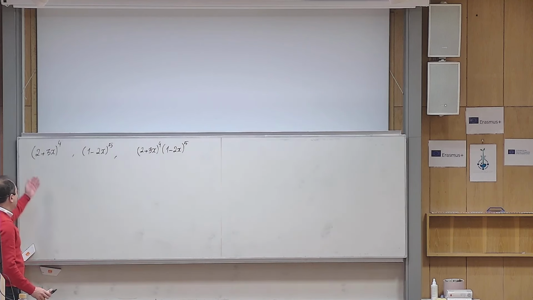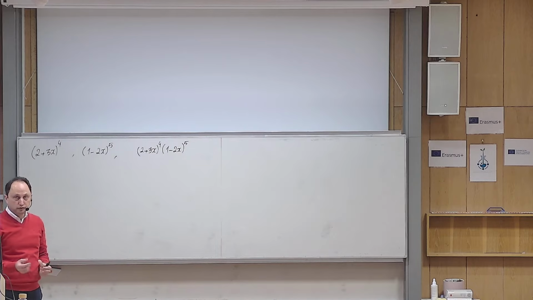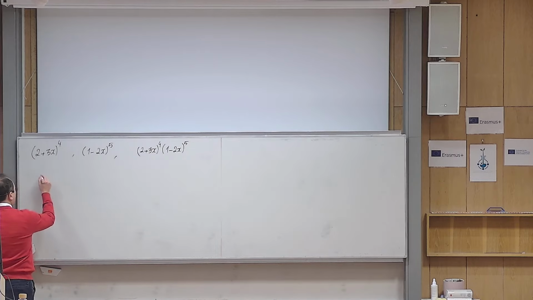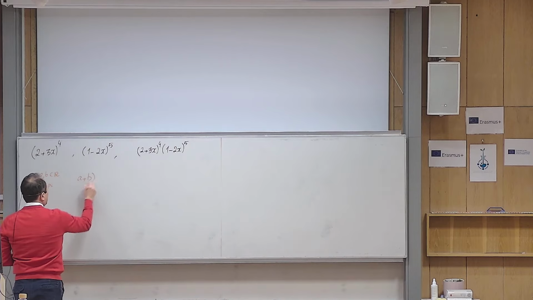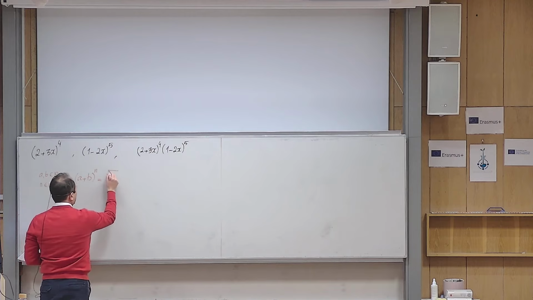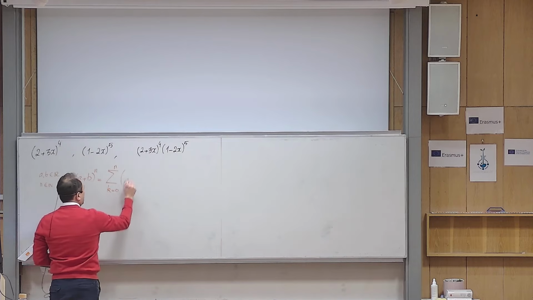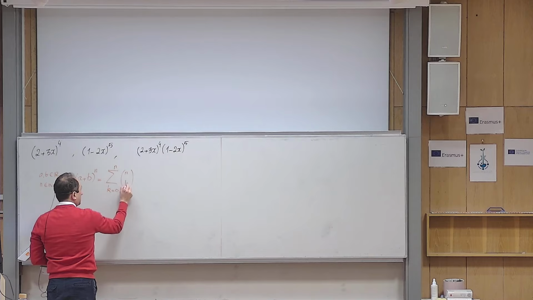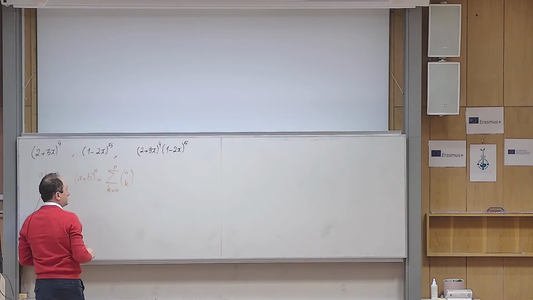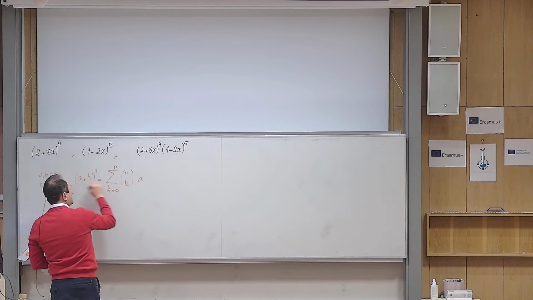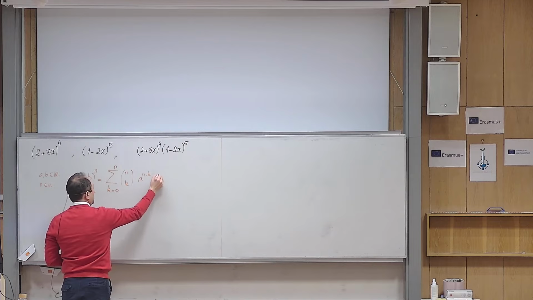For both of these cases, I will use Newton's binomial theorem, which tells us that if a and b are any two real numbers, and if n is a natural number, then (a + b)^n is equal to the sum, k goes from 0 to n, of n choose k, where k is the counter, multiplied by a to the power of n minus k, multiplied by b to the kth.